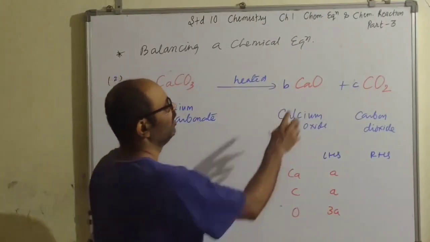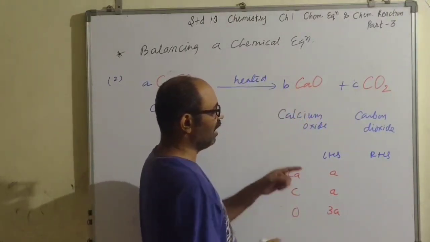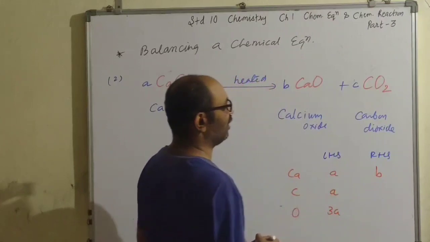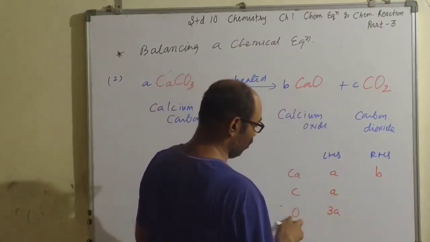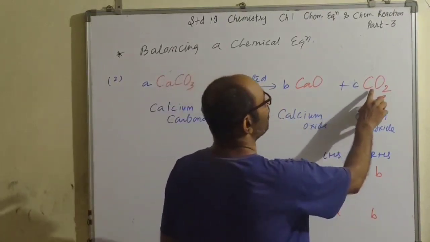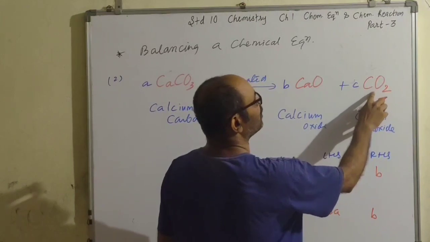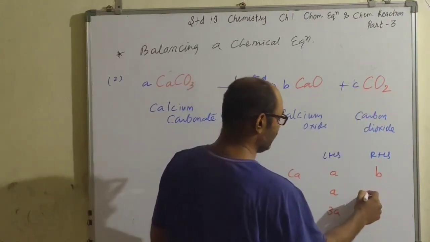Now right hand side. Calcium 1 into B, so B atoms. Oxygen 1 into B. Oxygen is last, children, so B. Carbon: subscript 1 into C, that is C.